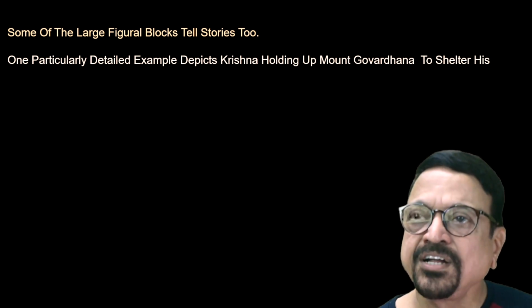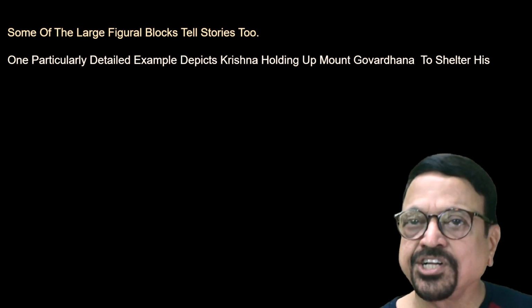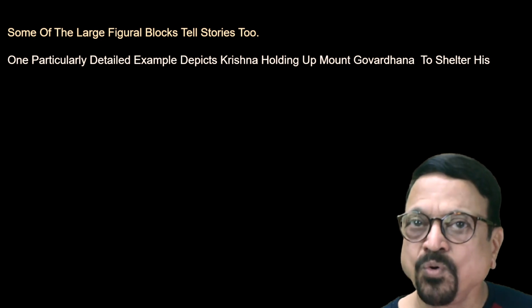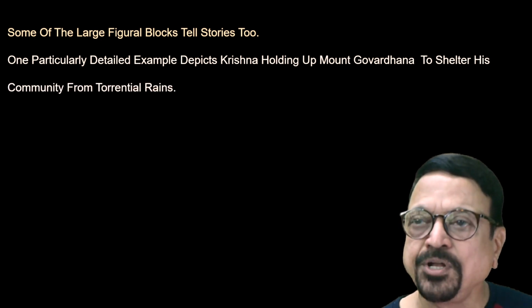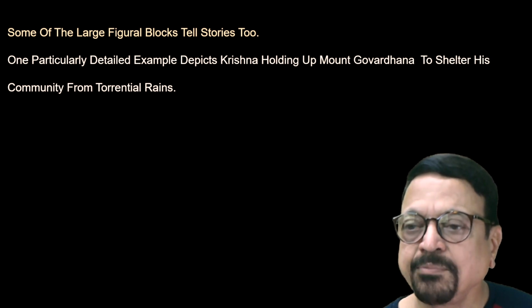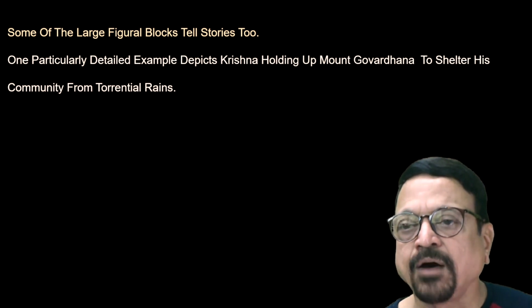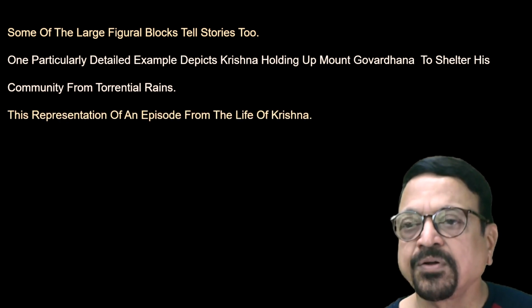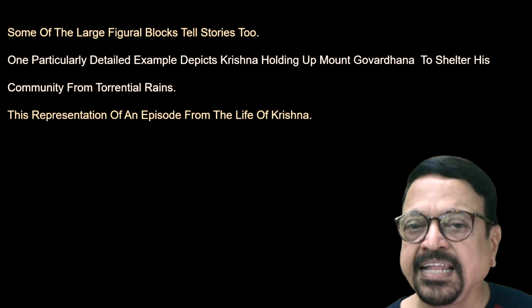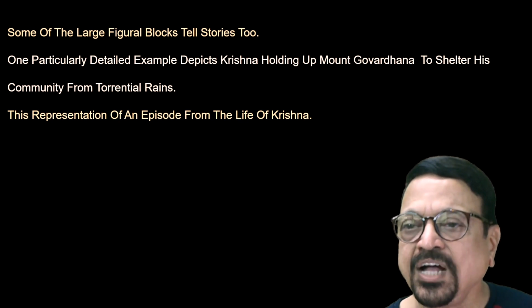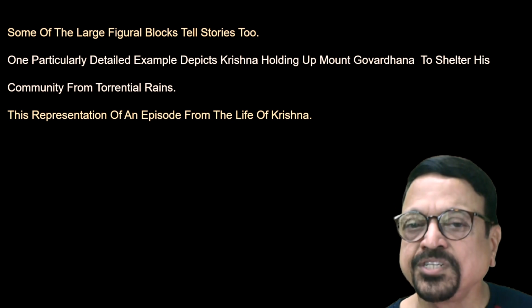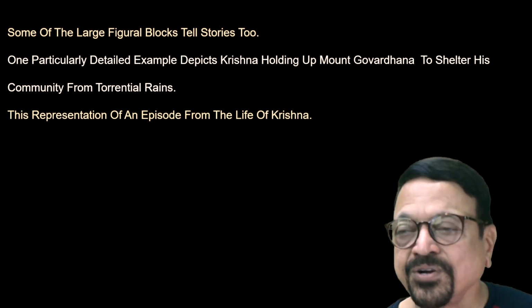One particular detail depicts Krishna holding up Mount Govardhana to shelter his community from the torrential rain. Now, once you are seeing this, we'll come to the picture and I'll tell you, when they carve something, they carve to its best. They carve cows, they carve rain, they carve snakes also, and the Govardhan Parvat which he has lifted has got a hunter.